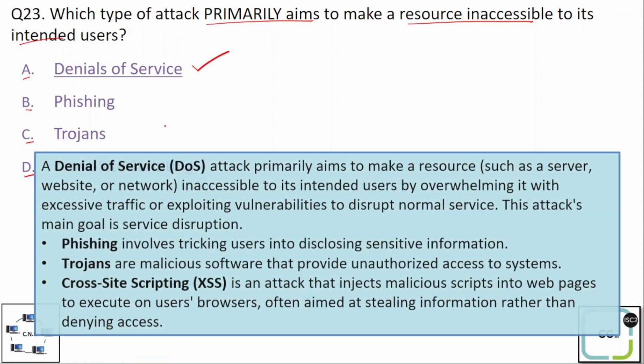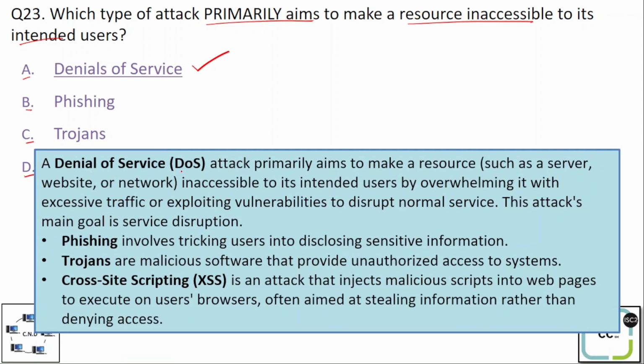So what is denial of service? A denial of service attack primarily aims to make a resource such as a server, website, or network inaccessible to its intended users by overwhelming it with excessive traffic or exploiting vulnerabilities to disrupt normal service. This attack's main goal is service disruption.